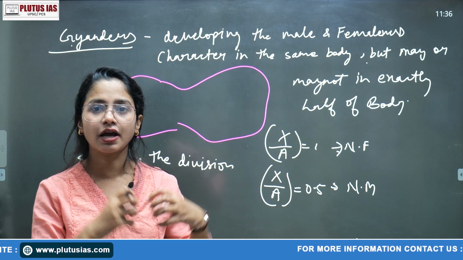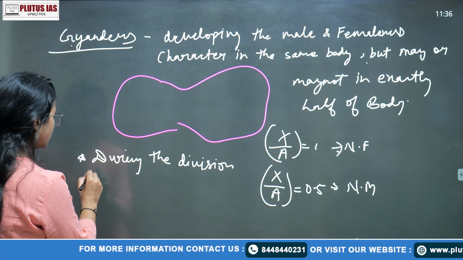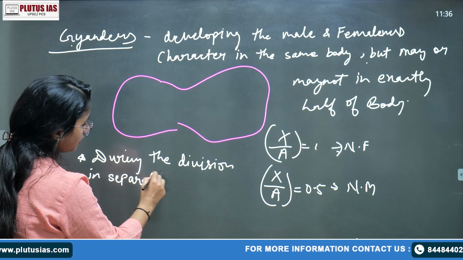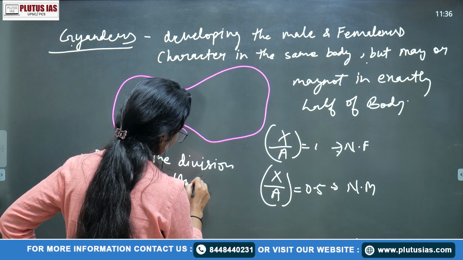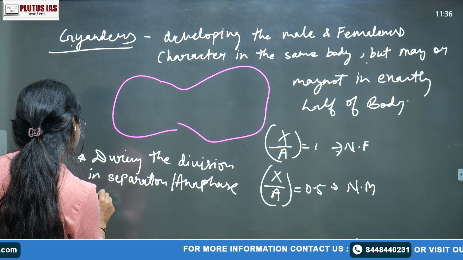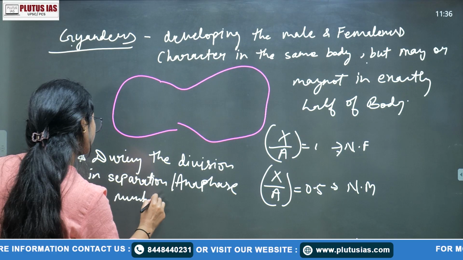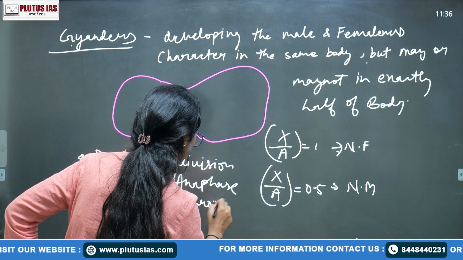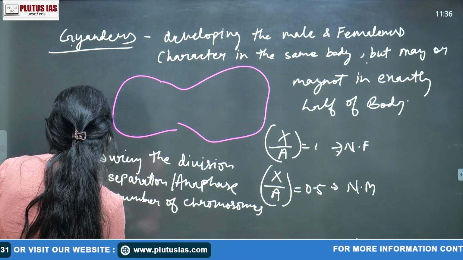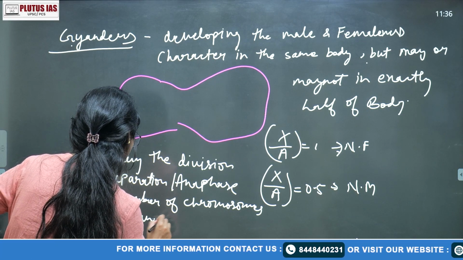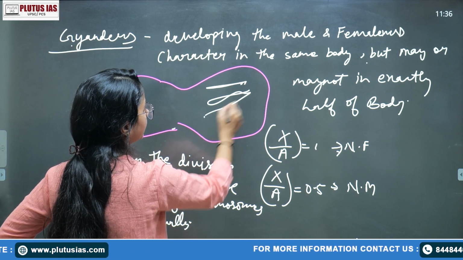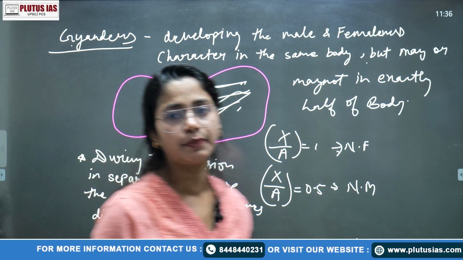In that anaphase stage, when they are separating, during the meiotic division of course, in the separation phase, the number of chromosomes divide unequally, okay. So here suppose that यहाँ पे आपके फीमेल कैरेक्टर नंबर, यहाँ पे भी इसका X upon A रेशियो से ही डिपेंड करता है, ठीक है.